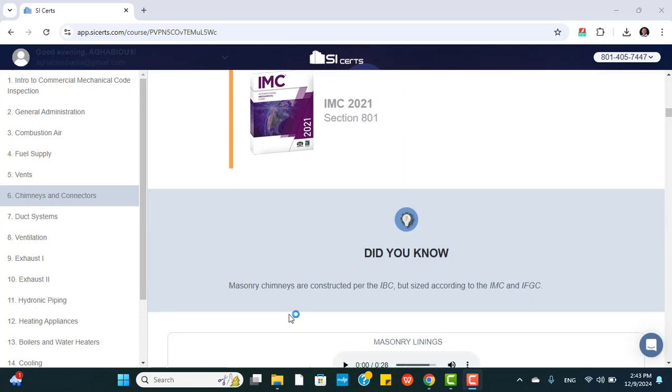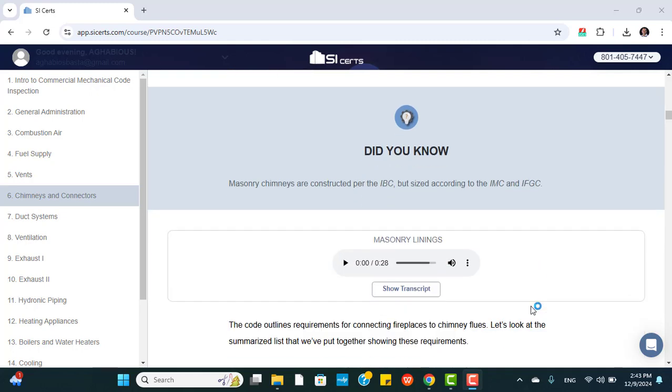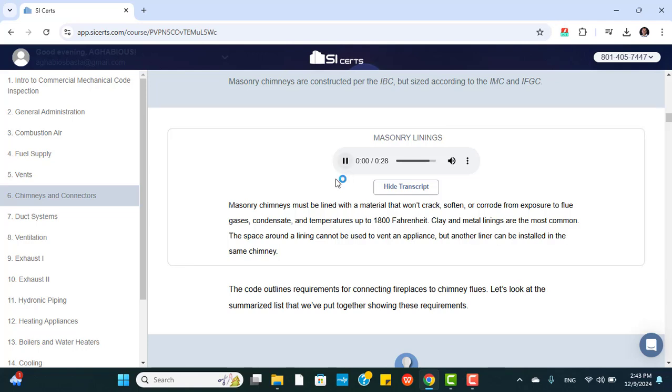Did you know masonry chimneys are constructed per the International Building Code, but sized according to the International Mechanical Code and the International Fuel Gas Code? Masonry linings: masonry chimneys must be lined with a material that won't crack, soften, or corrode from exposure to flue gases, condensate, and temperatures up to 1800 degrees Fahrenheit.